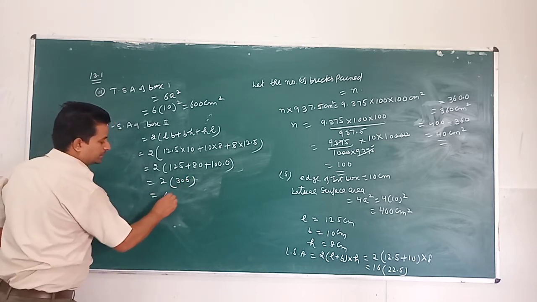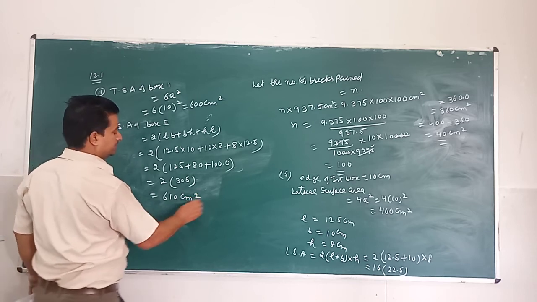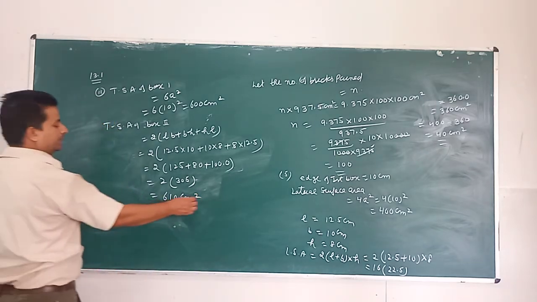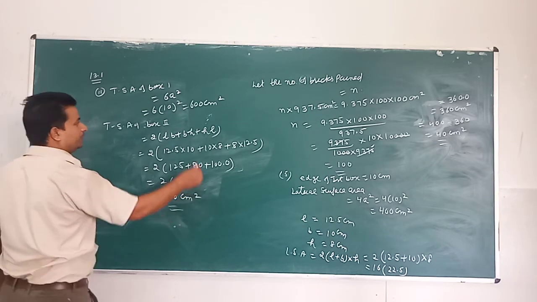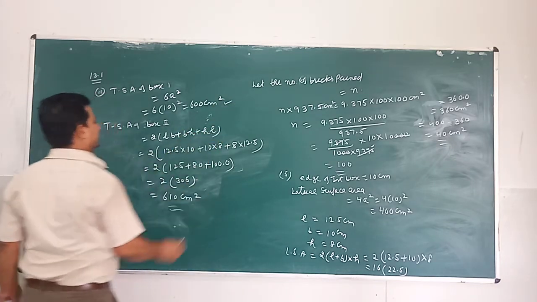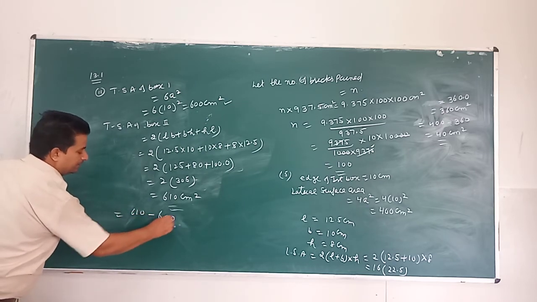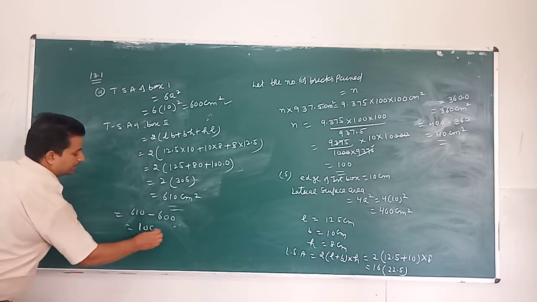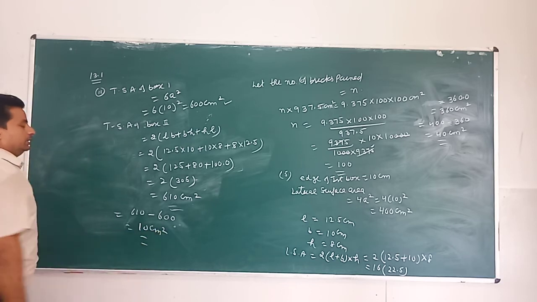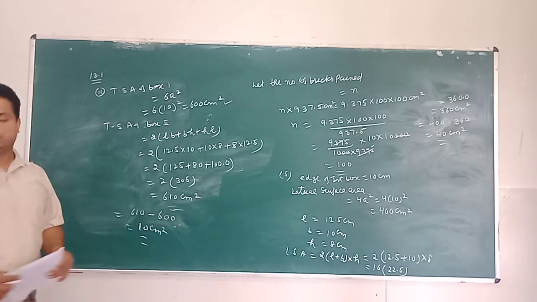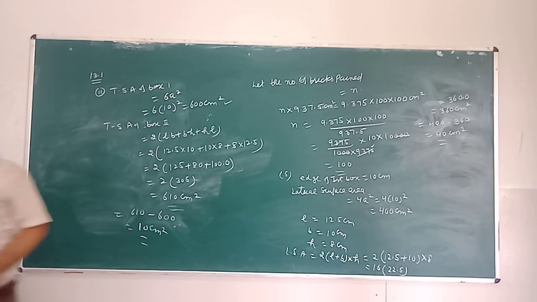So this is 610 centimeter square. So the second box has the greater area and the first has the smaller area, by 10 centimeter square. This is the answer.